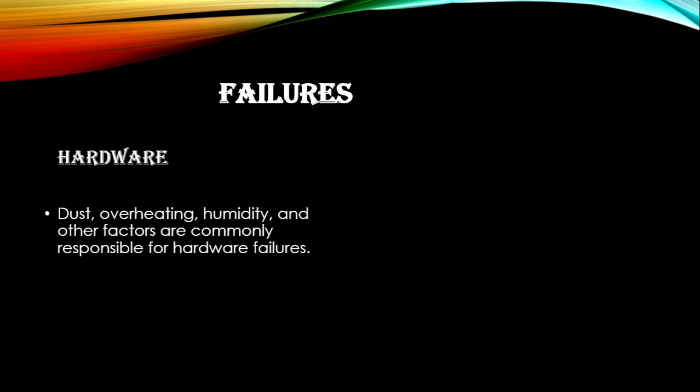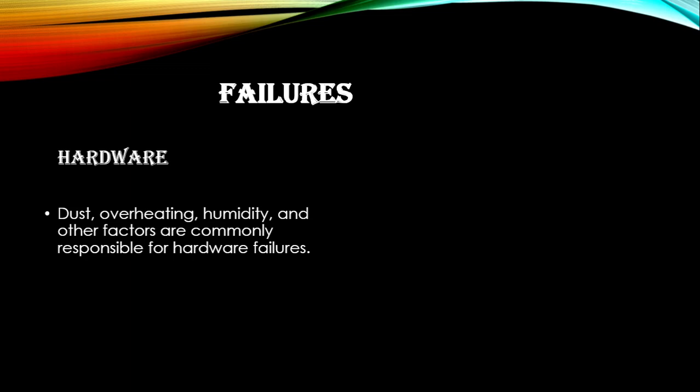Now we are going to discuss failures. Dust, overheating, humidity and other factors are commonly responsible for hardware failure. And here friends, dust and moisture are the major enemies of your hardware components, because dust can get into your system, and the computer is made up of many tiny components, so it may create a pile there which blocks its ventilation, and it generates more heat.